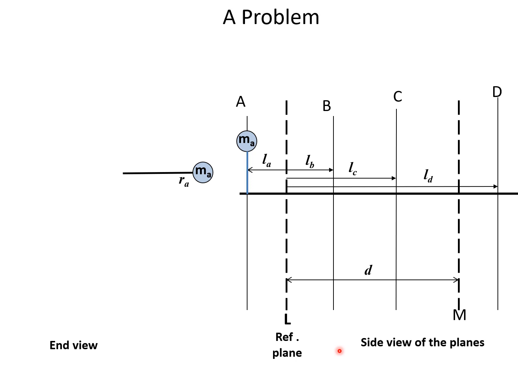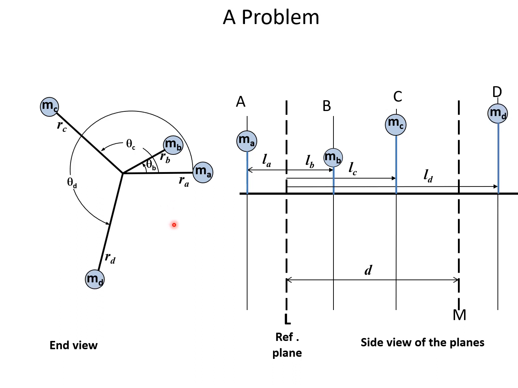Let us say that there is a mass MA at a radius RA. There is a mass MB at a radius RB at an angle theta B. There is another mass MC at a radius RC and an angle theta C from horizontal, again measured in the anticlockwise sense.